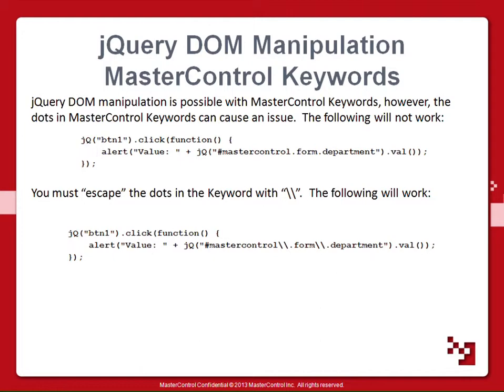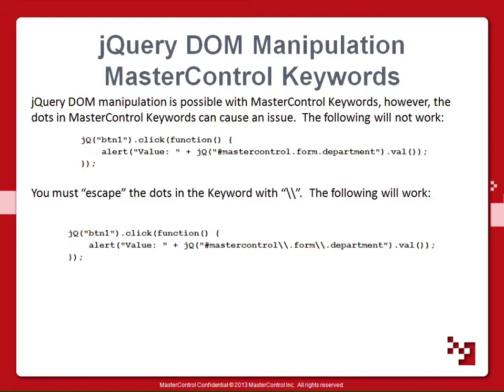There's a little bit of an issue with using keywords in jQuery because jQuery itself has a lot of dots in it, and those dots can sometimes cause problems when we're calling them out. So here's an example. This first example won't work because the dots in mastercontrol.form.department cause jQuery to wig out.